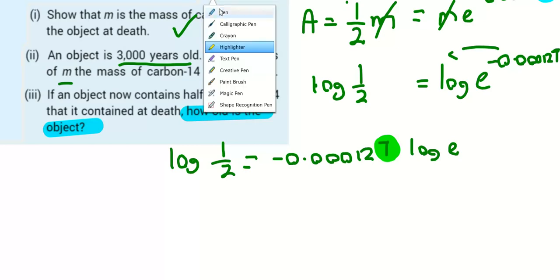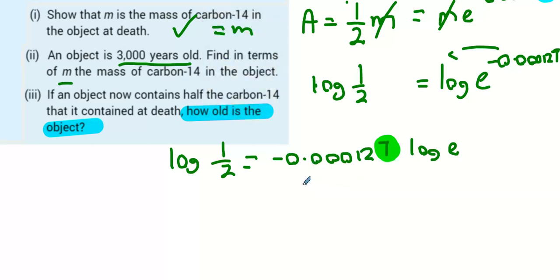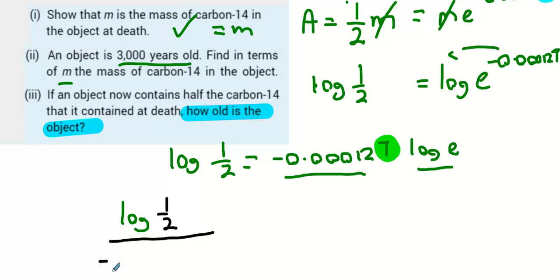So what you're going to do is bring this part here and this part here underneath. So you get log a half, and you divide it by minus 0.00012 log e, and that equals t.